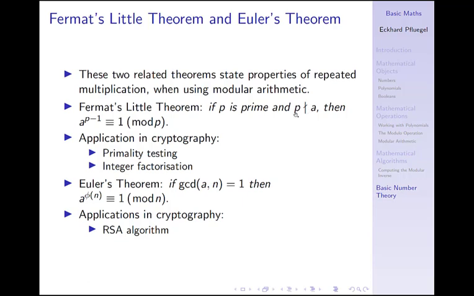In this generic case, if you take a and multiply it with itself p minus 1 times, so a to the power p minus 1, and take that result modulo p, then you actually get 1, which is kind of a surprising output, isn't it?